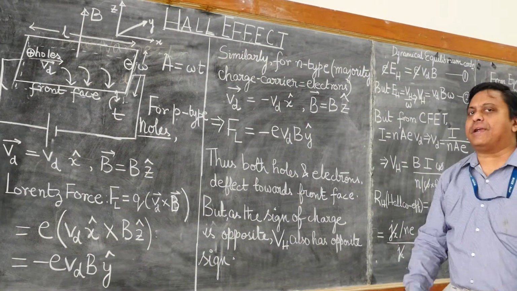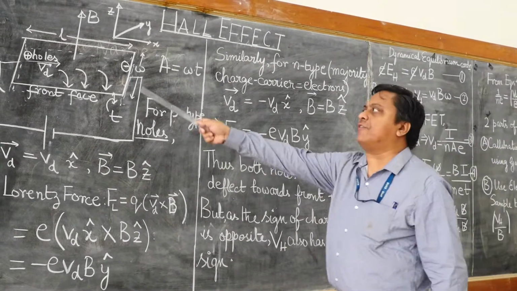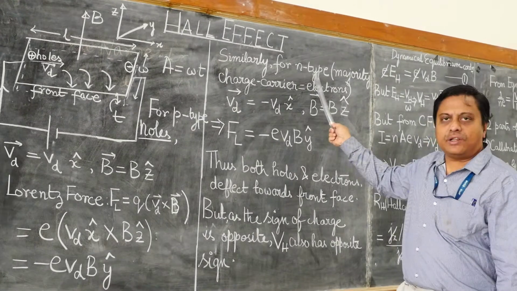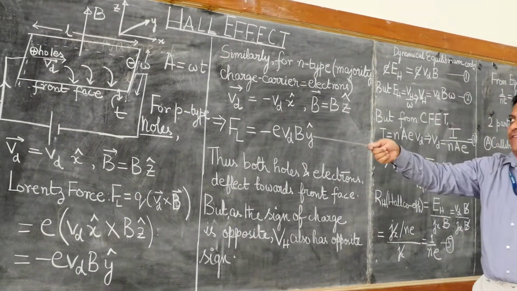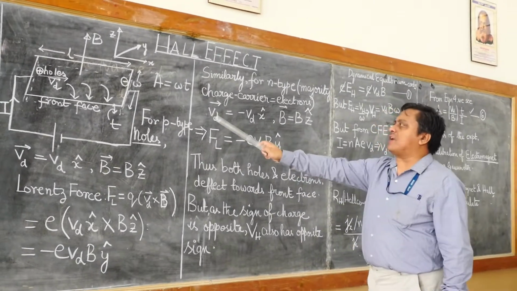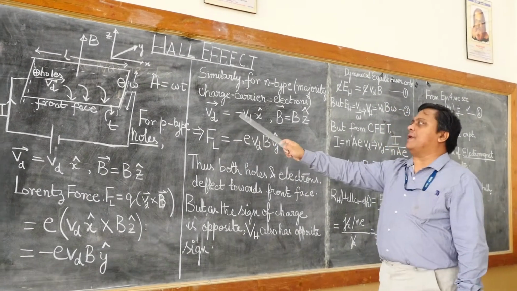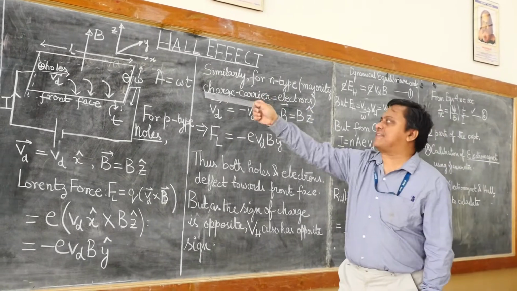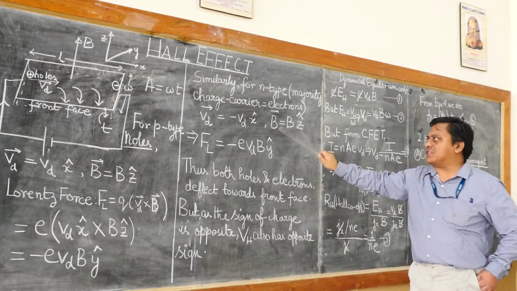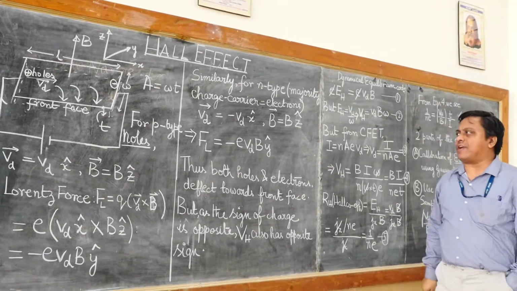Now, just for sake of completeness, let us assume that instead of a p-type semiconductor, we have an n-type semiconductor. So will things change dramatically? We can find out by using the same notation that now the velocity of the electrons, the drift velocity, is along minus x cap. So it's written as minus Vd times x cap. The direction of B is unchanged. Magnetic field is in the same direction.